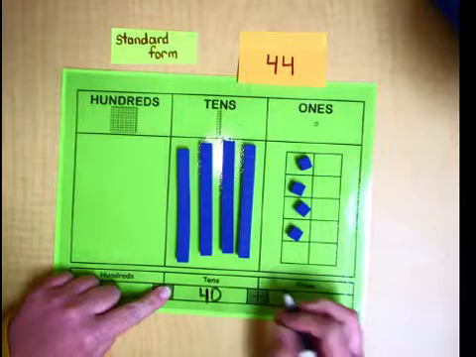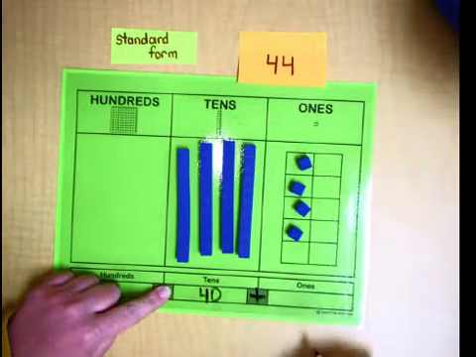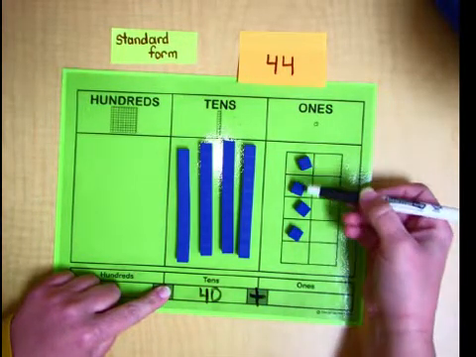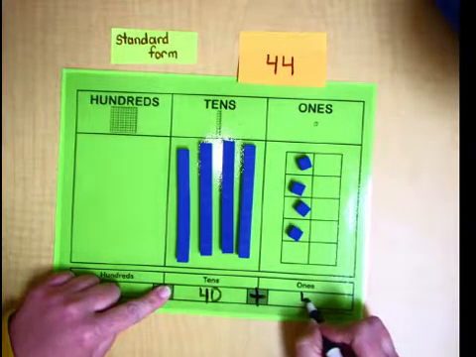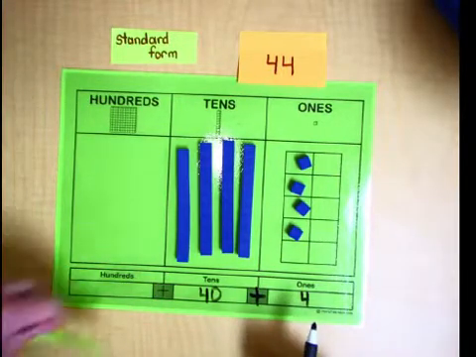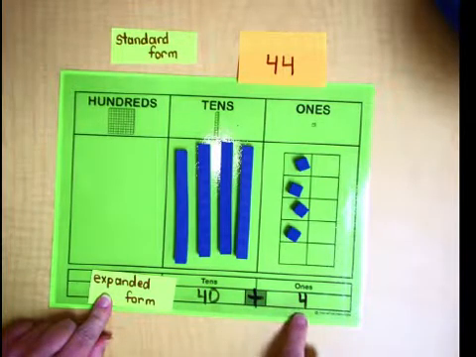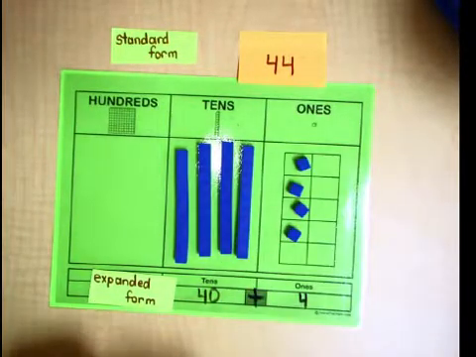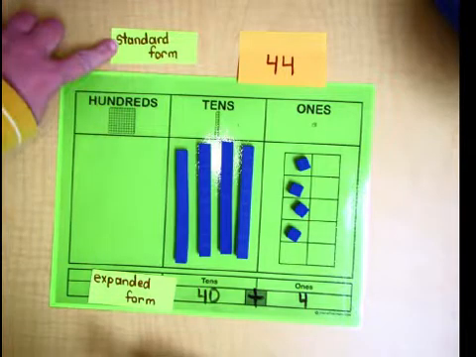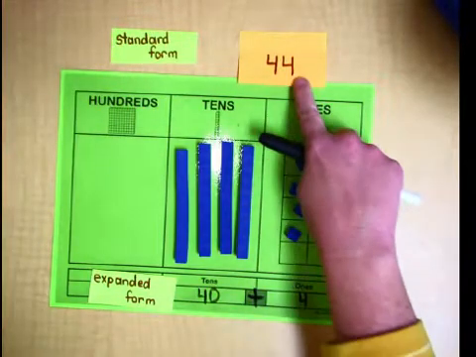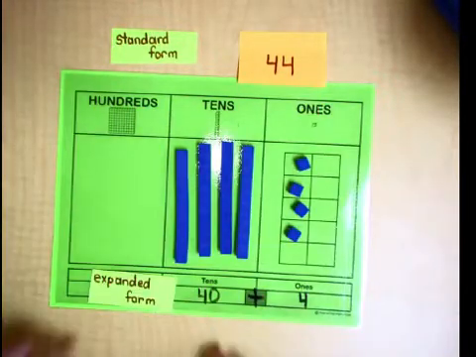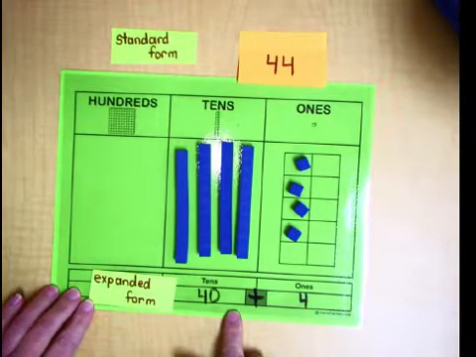So 40 plus, and then how many's over here? 4. So the expanded form is 40 plus 4 for 44. Just write it in two different ways. This is the standard form up here, just the normal way that we write numbers. And then down here is the expanded form.